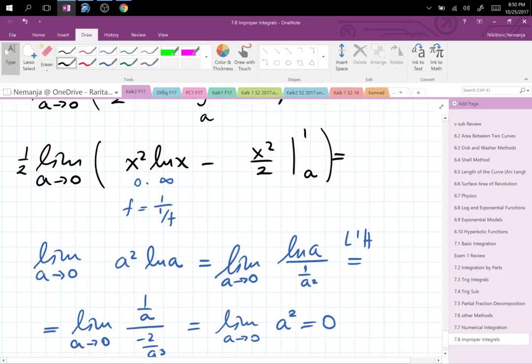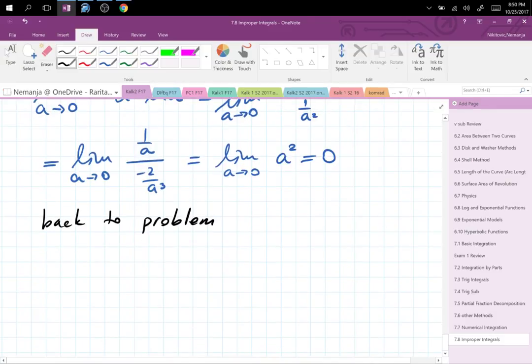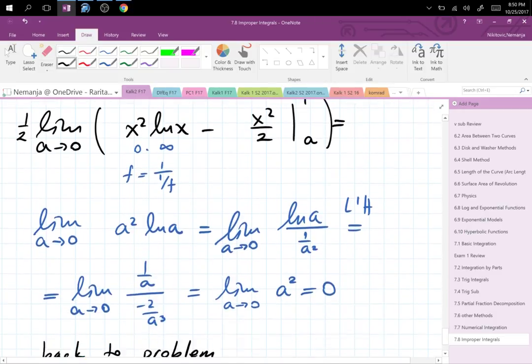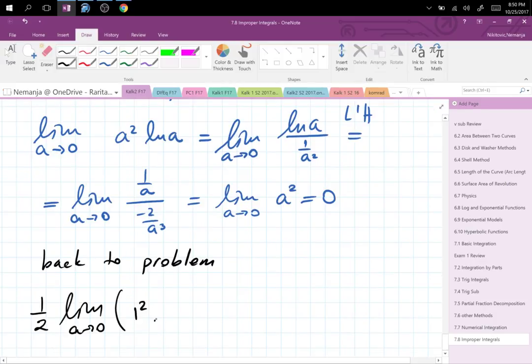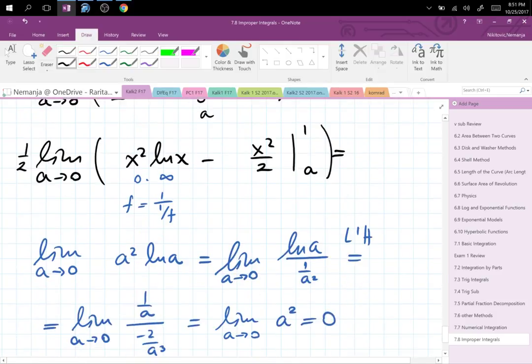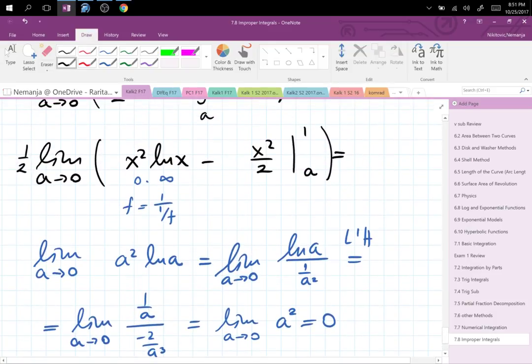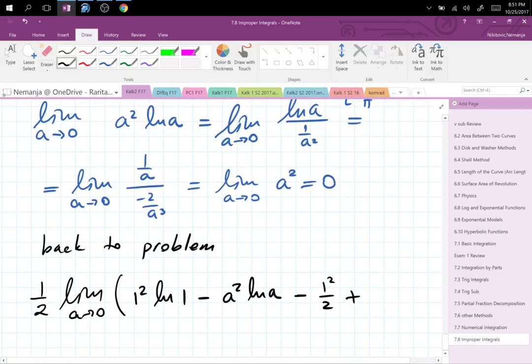So the first one is, okay, so what do I have? I have 1/2 limit a goes to 0 of 1 squared ln 1 minus a squared ln a minus 1 squared over 2 and plus a squared over 2.